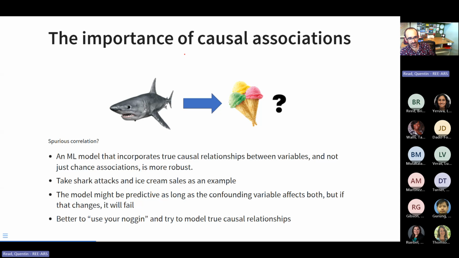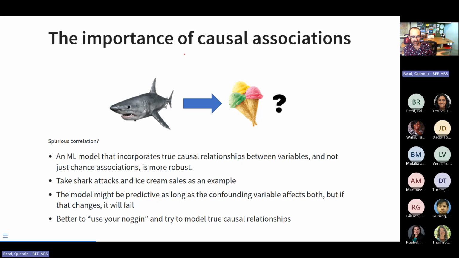So here's an example of correlation and causation, and how that relates to prediction. I said you don't really need to know why, but if you do truly understand why things are the way they are, you can make a more robust machine learning model that is more applicable in a wider array of situations.